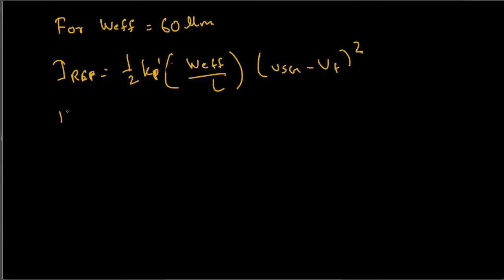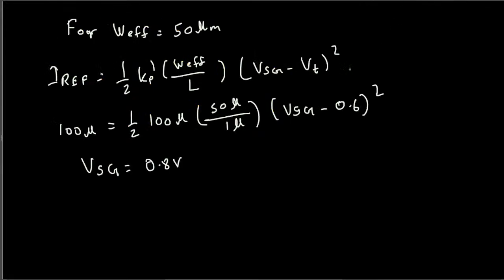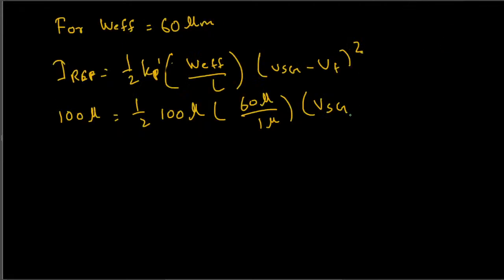I reference is 100 microampere, then half Kp prime is 100 microampere per voltage square, so 100 micro again. W effective this time is 60 micrometer, divided by 1 micro, and VSG is what we are trying to find, and the V threshold is 0.6, whole square.